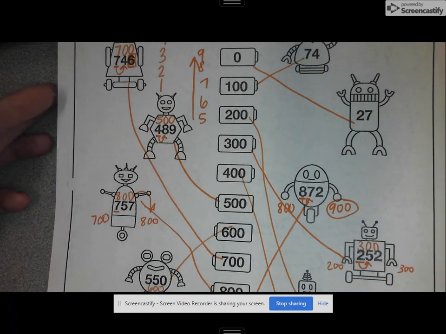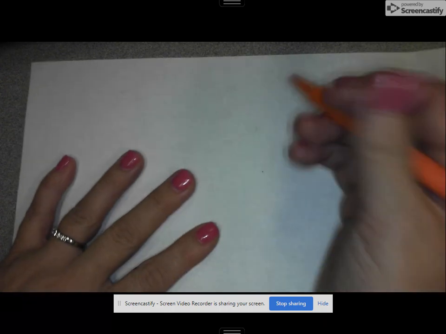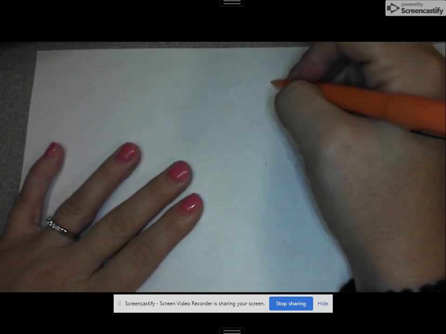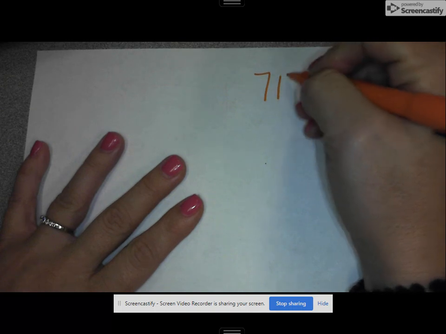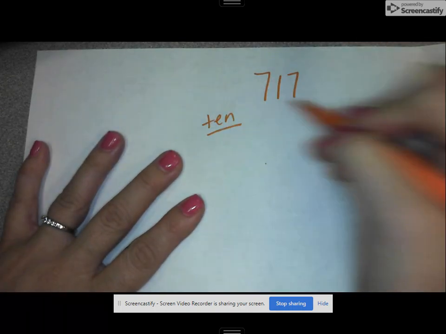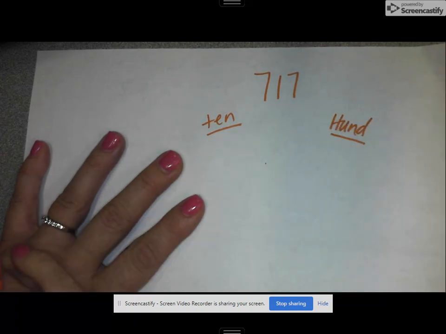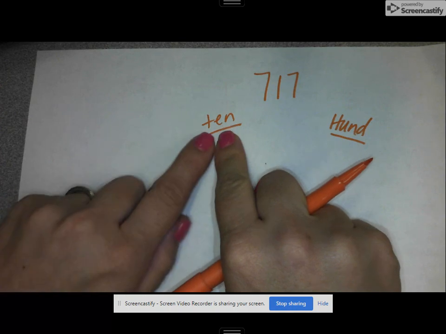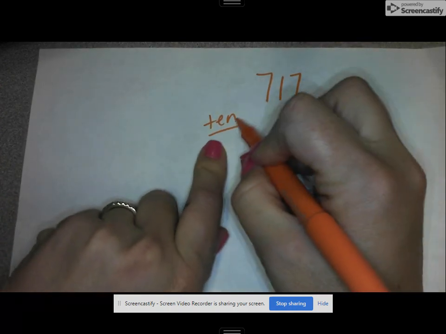Just a look ahead, once we get rounding to the nearest hundreds down, then we're going to have numbers where we have to do rounding to the nearest 10 and the nearest 100. It will look something like this. If I have 717 and I need to round it to the nearest 10 and to the nearest 100, here I'm doing what we worked on last week. I'm rounding to the nearest 10.